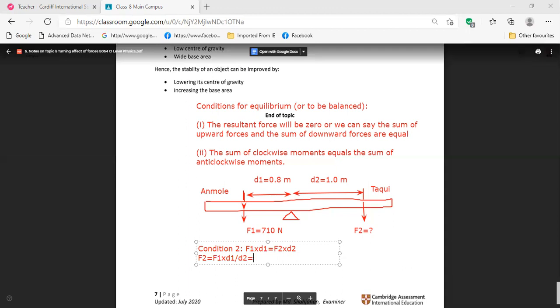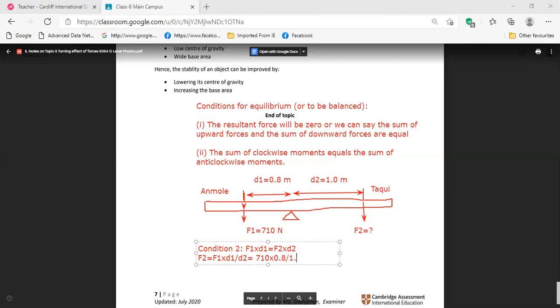If you place all the values here, our F1 is 710, then D1 is 0.8, divided by 1.0.